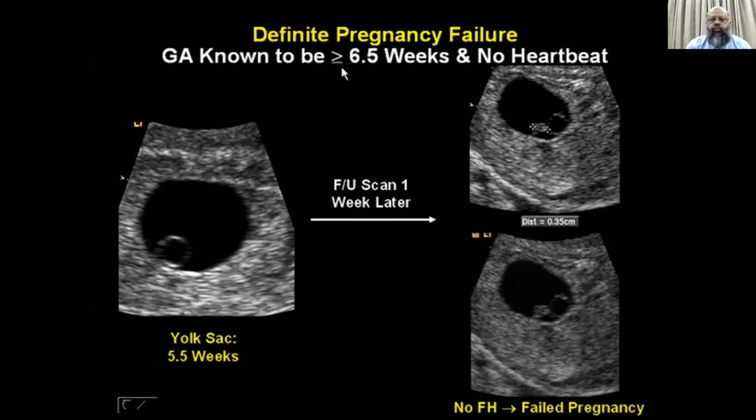So as per the rules, this was 5.5 weeks, and after 1 week it is 6.5 weeks, so we can label it as failed pregnancy because the embryo is very small and there is no cardiac activity in it.